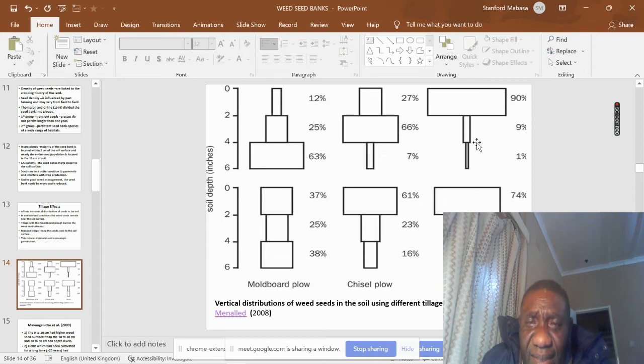This is quite unique in the no-tillage system where the distribution of weed seeds is very close to the surface. As you go down, there are very few seeds, as shown by these two diagrams. Probably there were 6 sites where this was done.